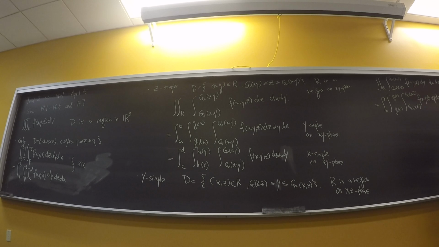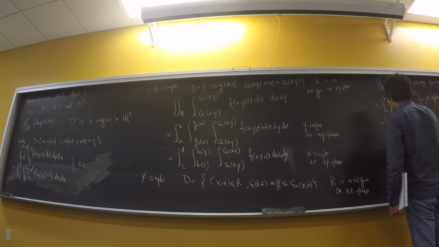So in this case, it is z simple. Similarly, I can identify it as x simple, which needs two numbers for z and two functions for x.